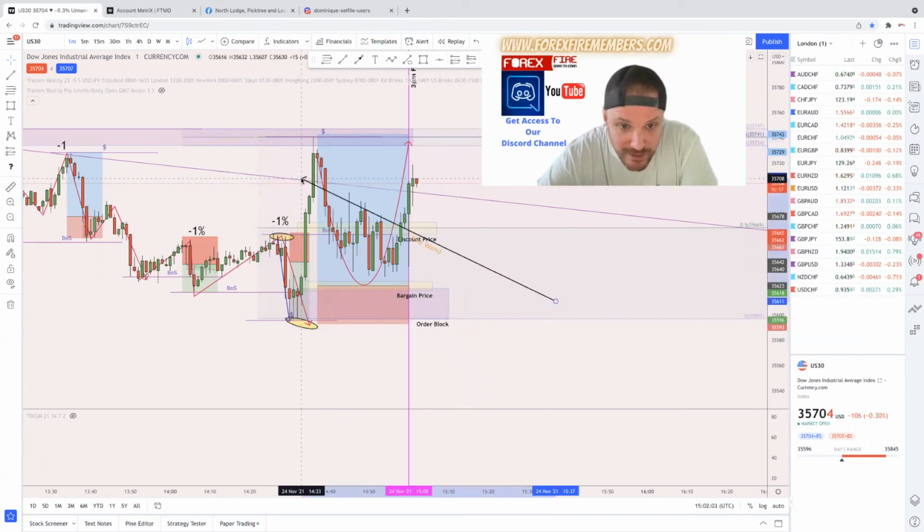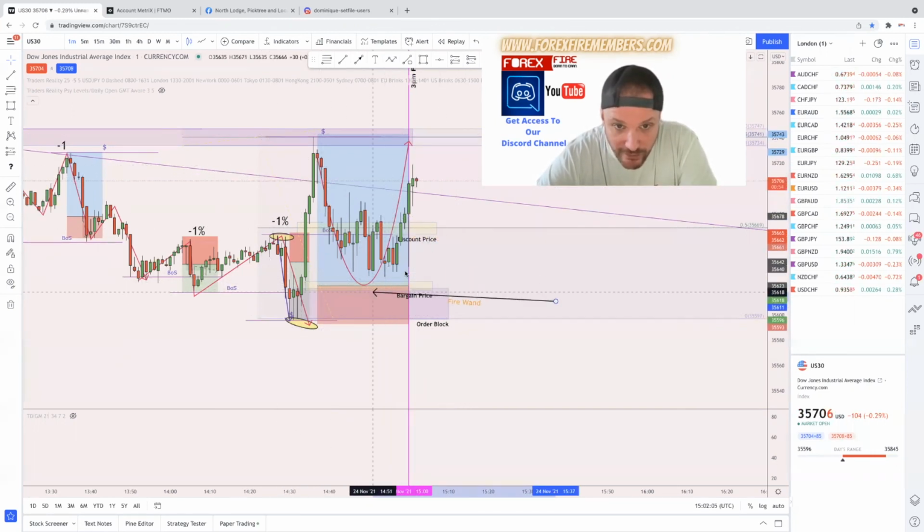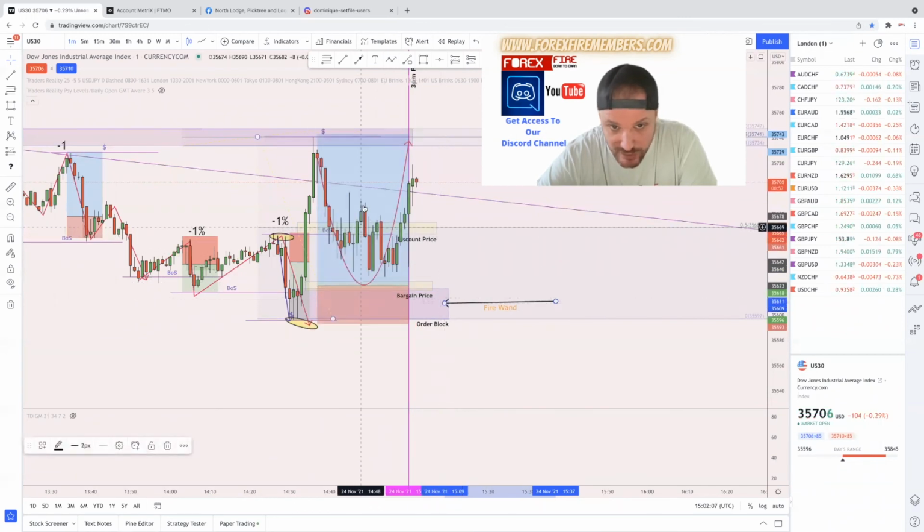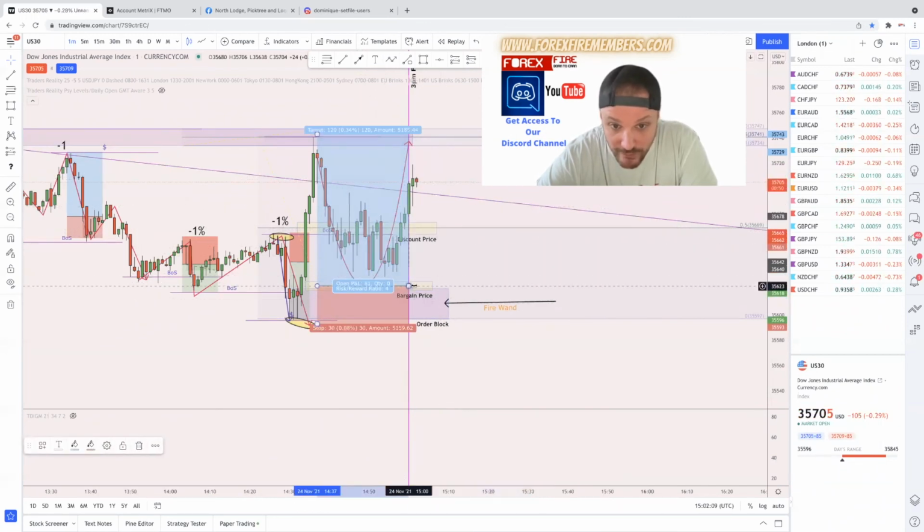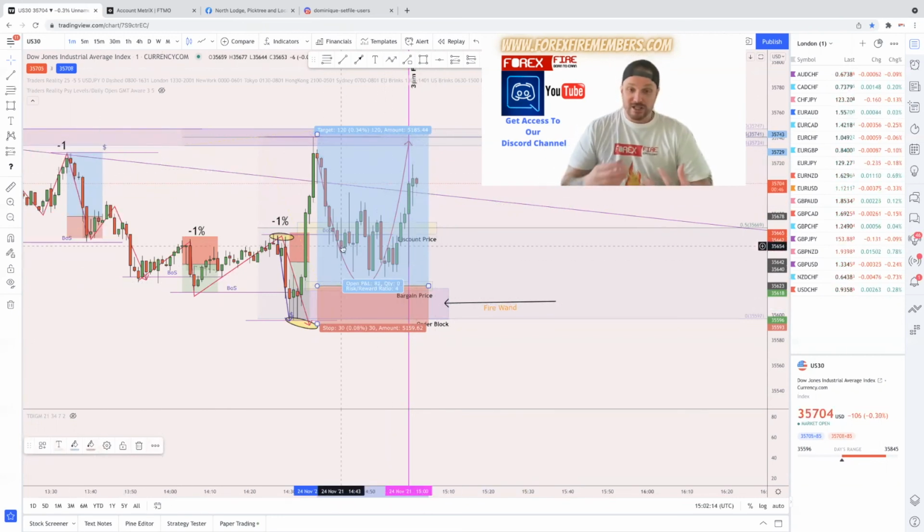Unfortunately, we've just missed out on an entry on this to possibly give us a return of just on the 4%. It's heading back up towards the TP area, which all in all, if this had entered and then gone to that TP area, it would have been a profitable day. So again, that's the outlook at the moment.